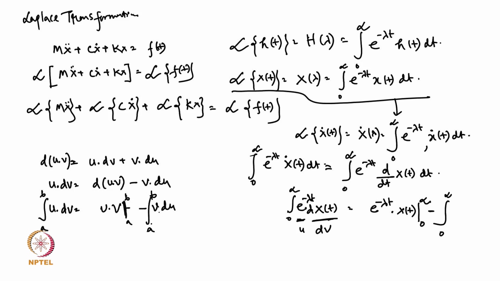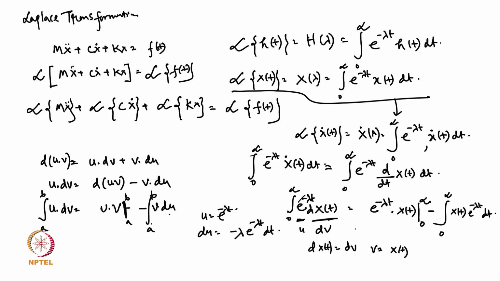So dx dt is dv, then v will be x t. And u was e to the power of minus lambda t, so du will be minus lambda e to the power of minus lambda t dt. So I can get e to the power of minus lambda t dt. Now what did I get from here?